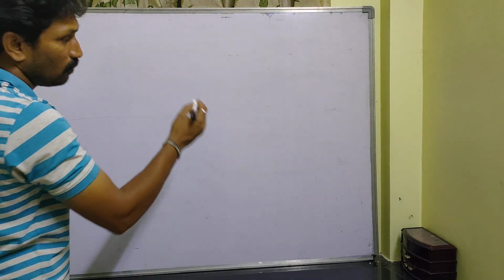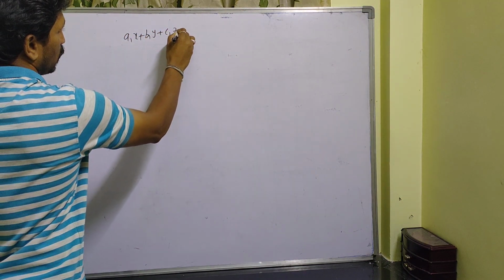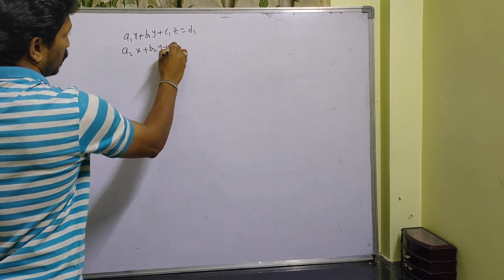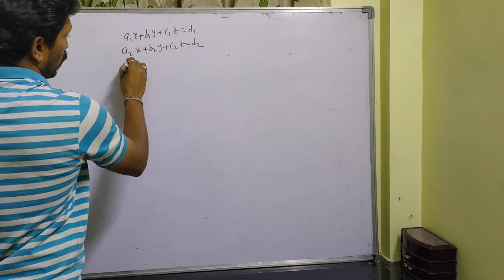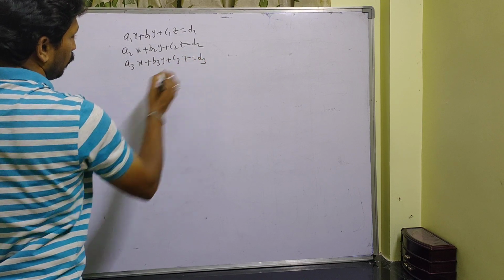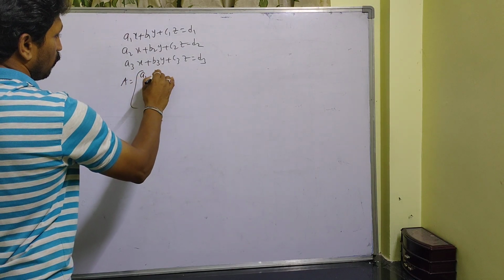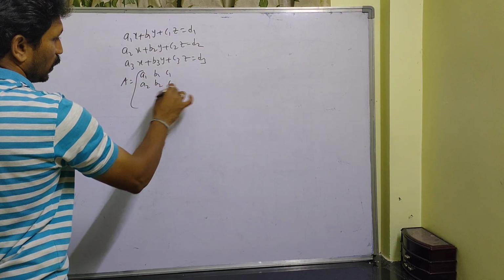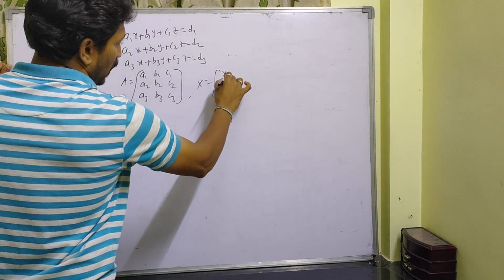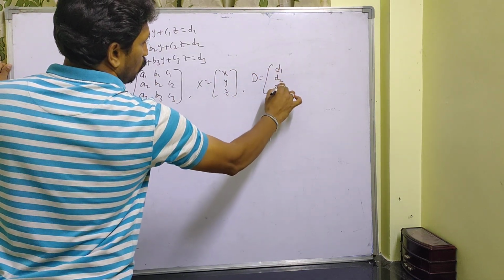Generally, whenever a1x plus b1y plus c1z is equal to D1, a2x plus b2y plus c2z is equal to D2, a3x plus b3y plus c3z is equal to D3, then matrix A is the coefficient matrix, that is a1, b1, c1, a2, b2, c2, a3, b3, c3, the variable matrix is X, Y, Z, and the constant matrix is D1, D2, D3.